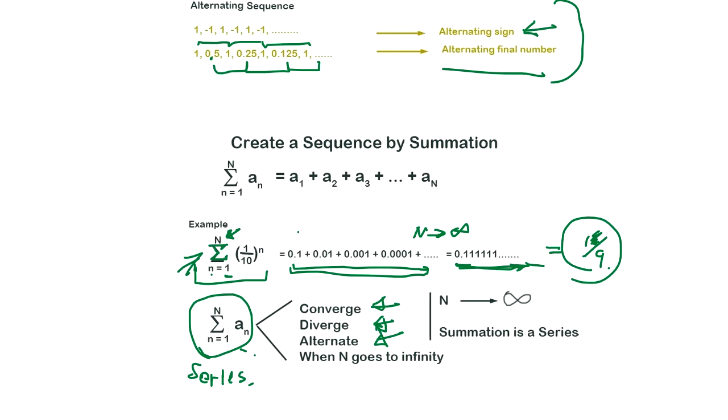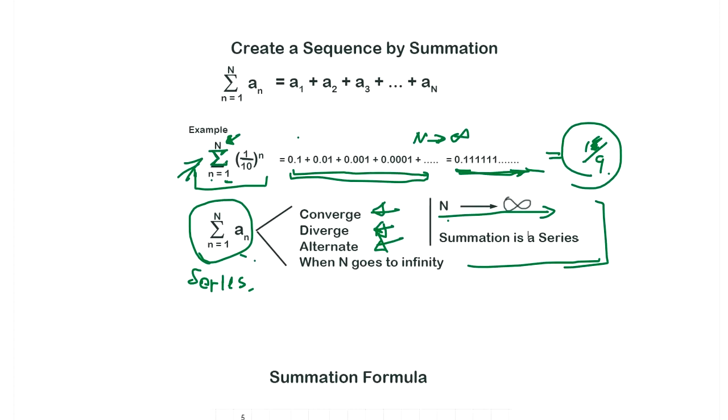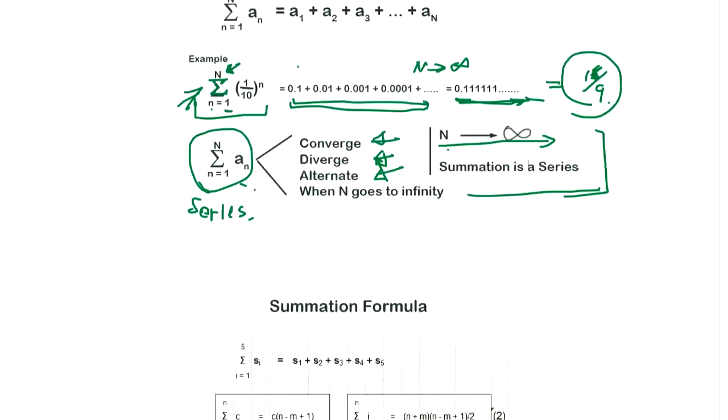When n goes to infinity, that's the infinite series we call. So you're just practicing how to describe the number sequence, and a number sequence is equivalent to a series.